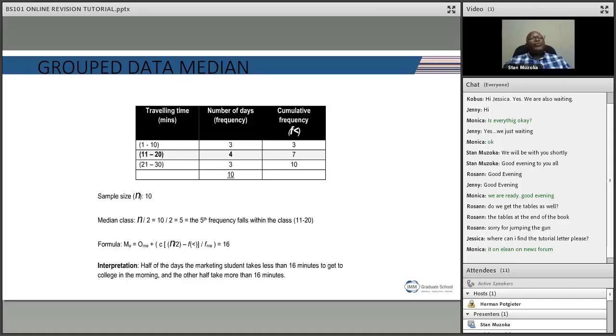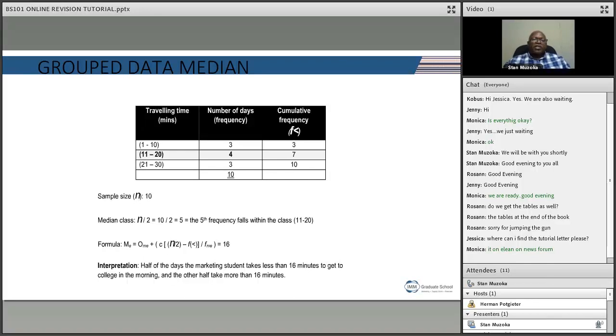And we use the formula, the grouped data median: the lower class boundary of the median class, plus class width, multiplied by number of observations over 2, minus the cumulative frequency less than of the class smaller than the median class, which is the class above the median class in the frequency distribution table, divided by the absolute frequency of the median class, which is the 4 there.